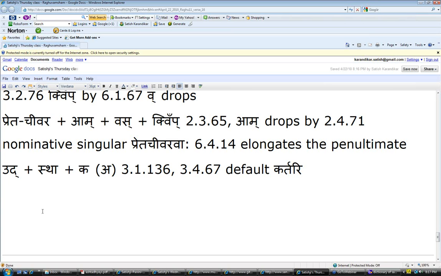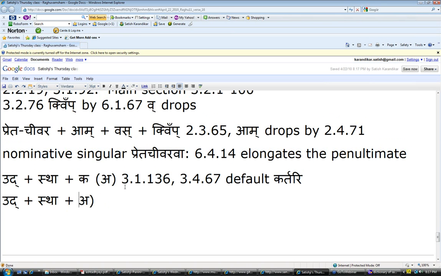So if we copy this down here, I'm sorry, I didn't copy, I guess. What's going to happen here is that the ending a of this stha is going to go away. So we're only going to have the stha. Okay, now comes some sandhi rules.